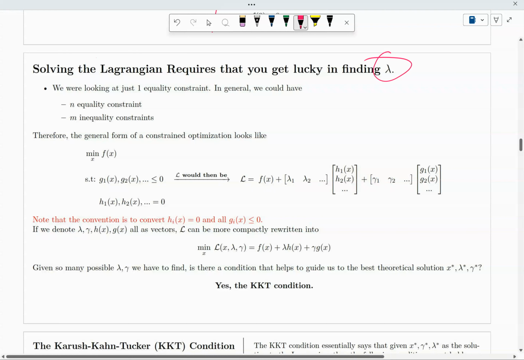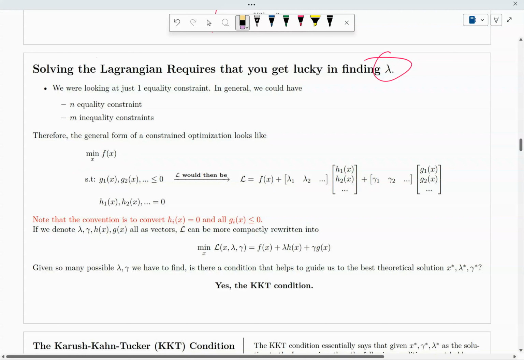Now let me formally define the problem. The problem is basically saying that we are trying to minimize some kind of function. We need to find the x that makes it as small as possible, and there's a set of inequality constraints.